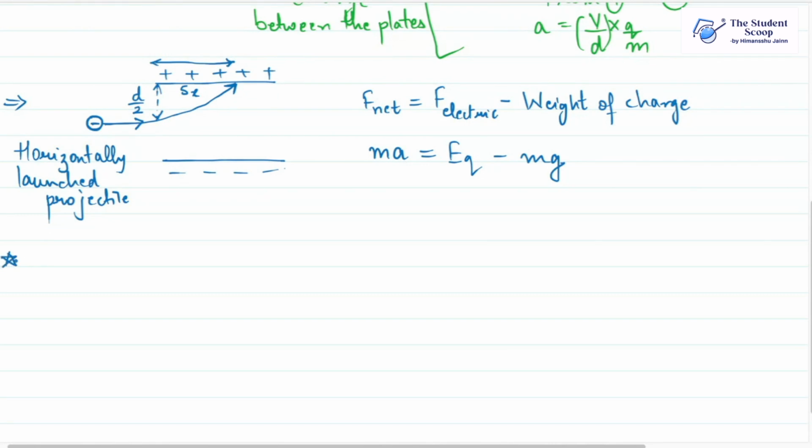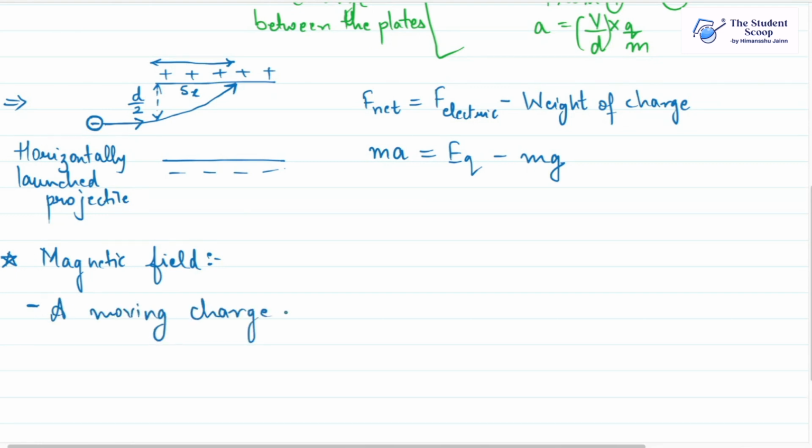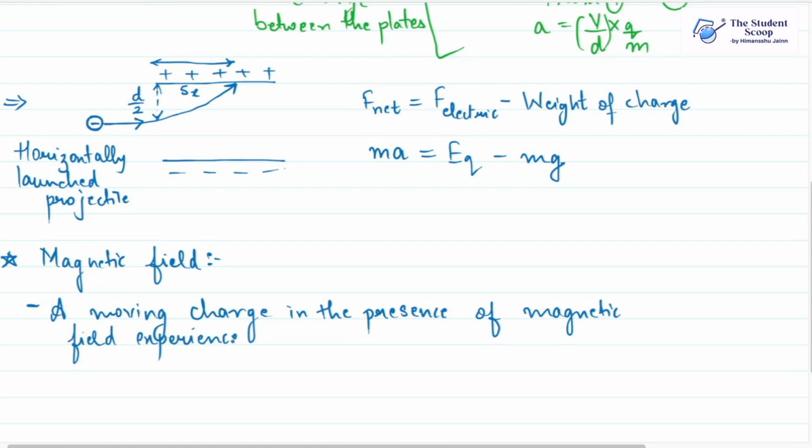The next thing that we will move on to is understanding how the motion of a charge happens in the presence of magnetic field. So the underlying principle or the statement here is that a moving charge in the presence of magnetic field experiences a magnetic force.